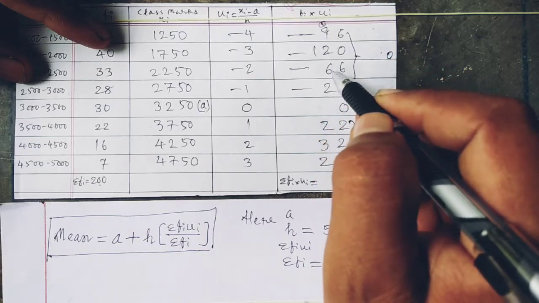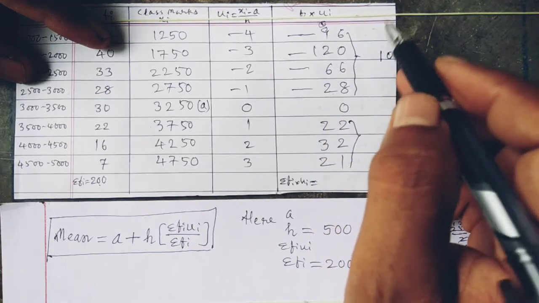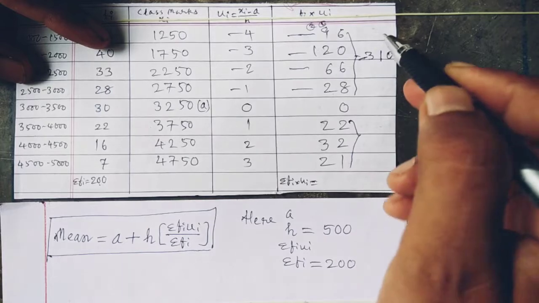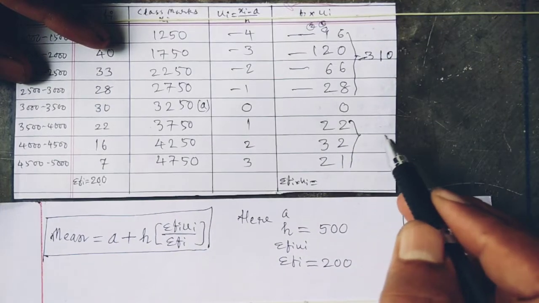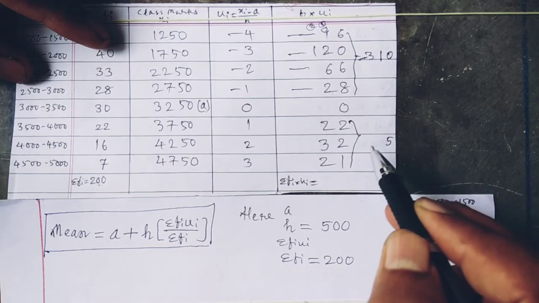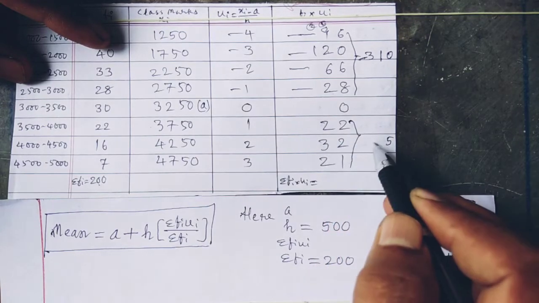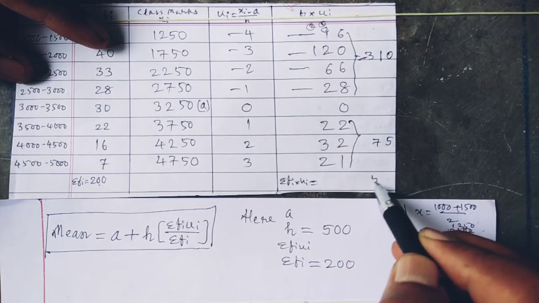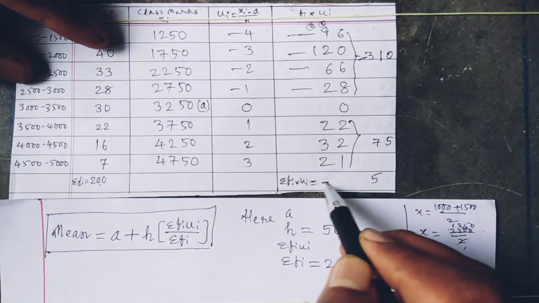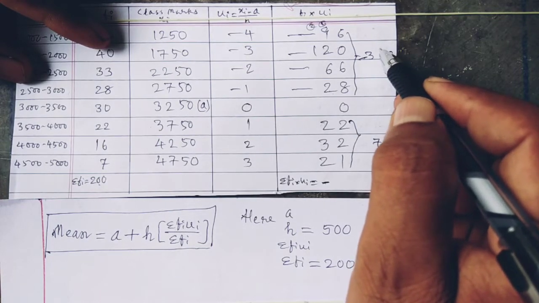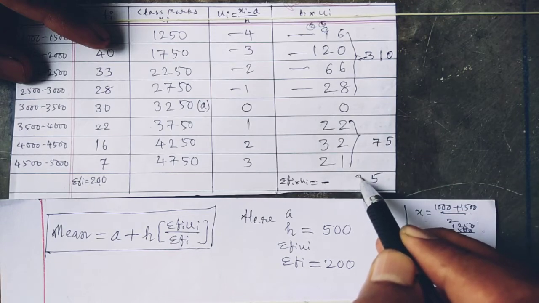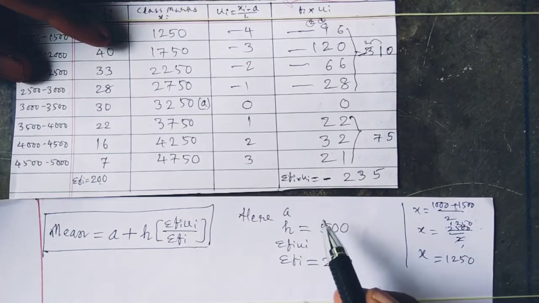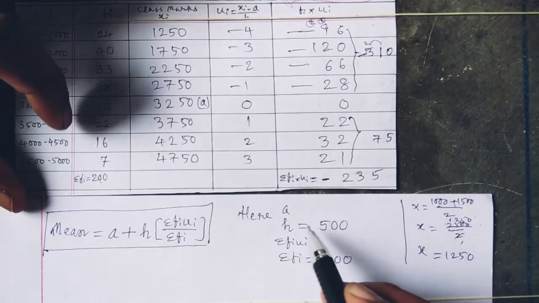The positives: 2 plus 1 is 3, 10 positive numbers, then 5, 7, 75. We have to subtract this: 10 minus 5 is 5, 10 minus 7 is 3, and we keep the minus sign, so we get minus 235.